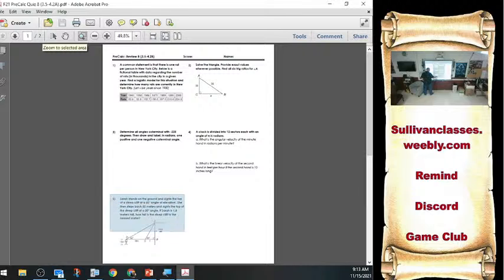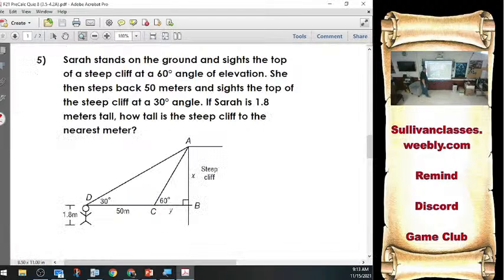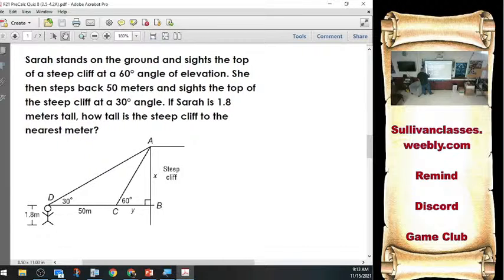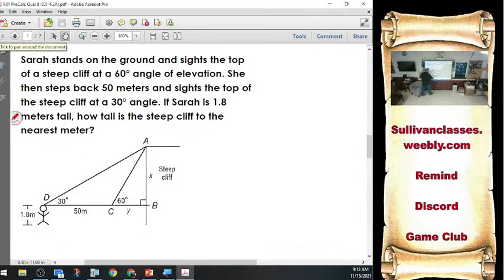And finally, the application of our right triangle stuff. Sarah's on the ground, sights the top of a steep cliff at 60 degrees.